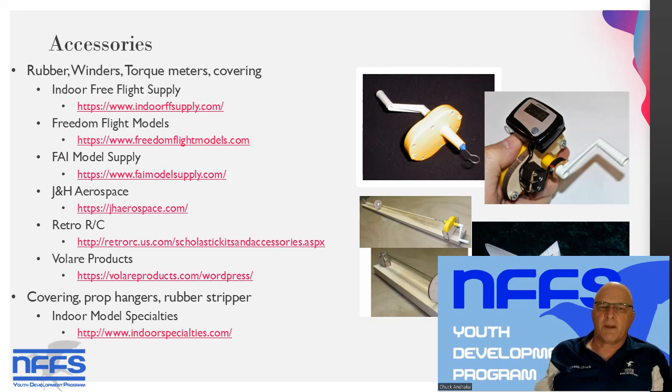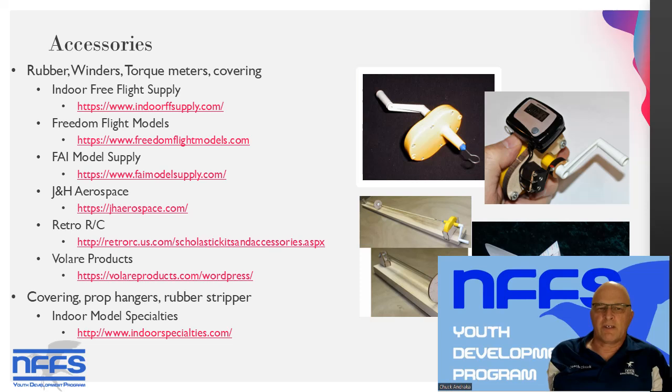J&H Aerospace, Josh and Hope Finn, have a very nice website with lots of support tools. Again, some very entry level up through advanced stuff. RetroRC has a good selection of winders, torque meters, and so forth. Valari Products has covering, prop hangers, winders, and so forth.